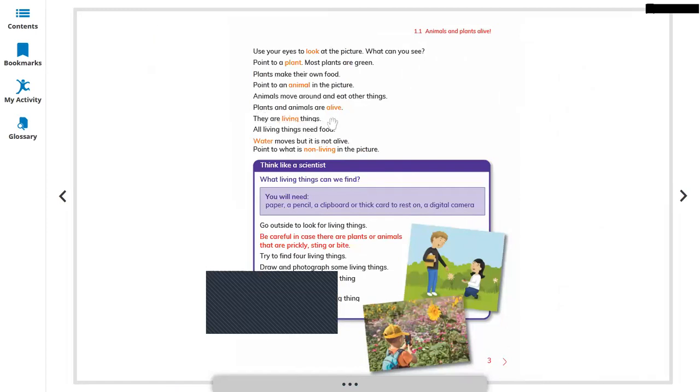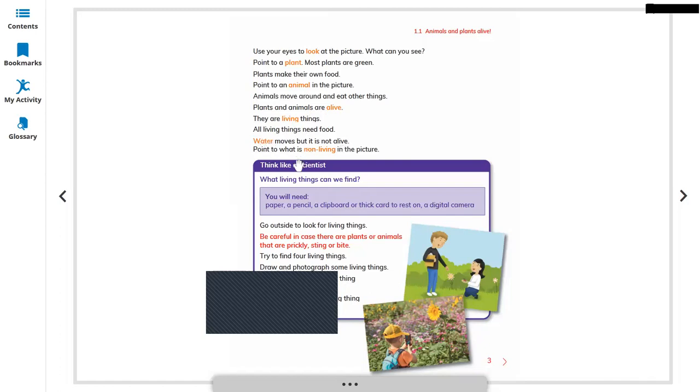All living things need food. Plants and animals are alive. In the start of the lesson today, we discussed that all the plants and the animals are alive. They are living things.